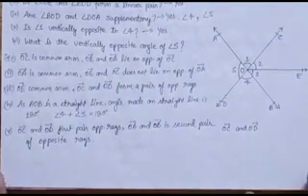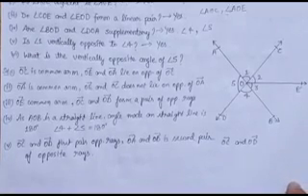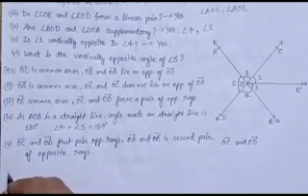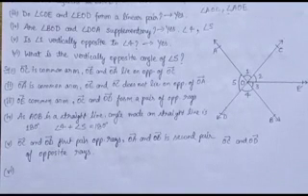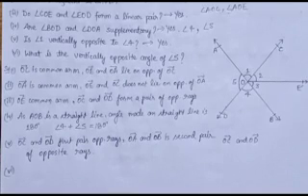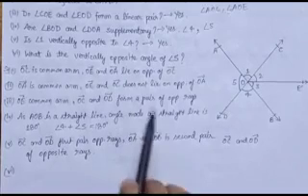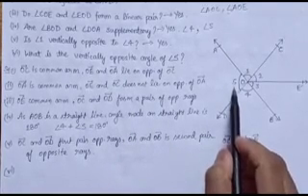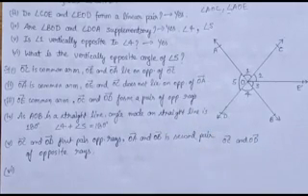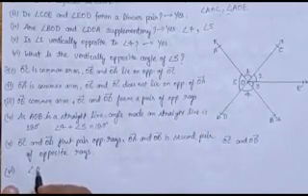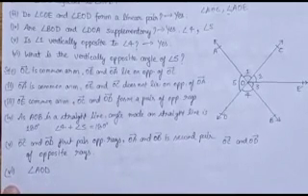Now let us see the last part. Sixth part. In this part it is asking what is the vertically opposite angle of angle 5. So let us see. This is angle 5, that is angle AOD.